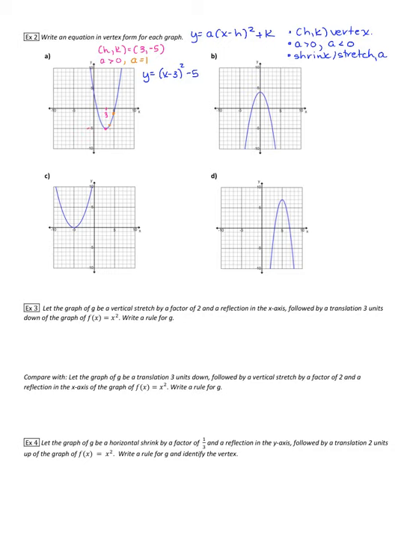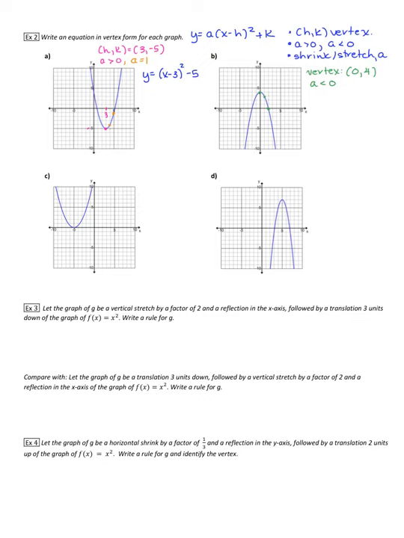All right, let's try this next one. So let's find our (h, k), our vertex, is going to be the point (0, 4). We know that a is going to be negative, and we want to see if there's any kind of a stretch. So over 1, down 1. Well, that didn't change. Over 2, 1, 2, 3, 4.